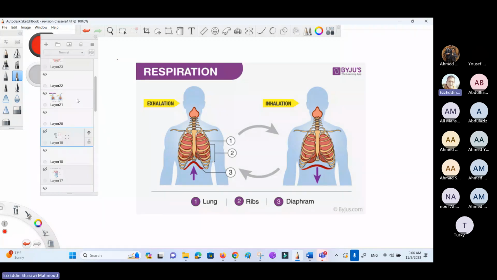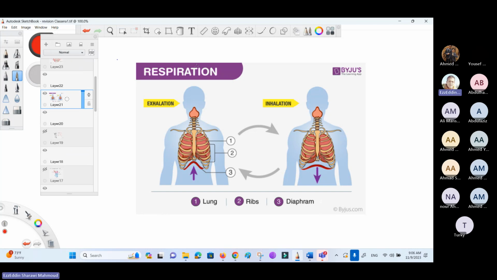Go to the respiratory system, and we mentioned the most important points in it. The respiratory system includes many organs like nose, pharynx, larynx, trachea, two bronchi, bronchioles, and alveoli, two lungs, and diaphragm.